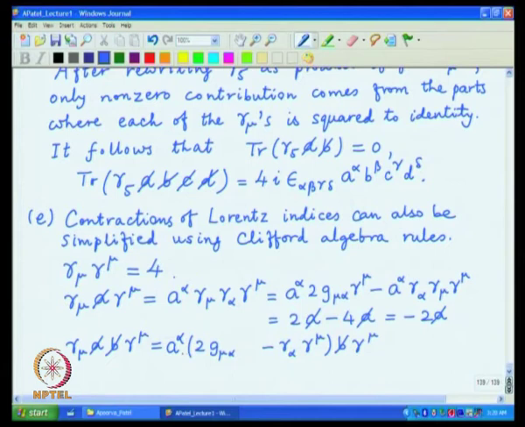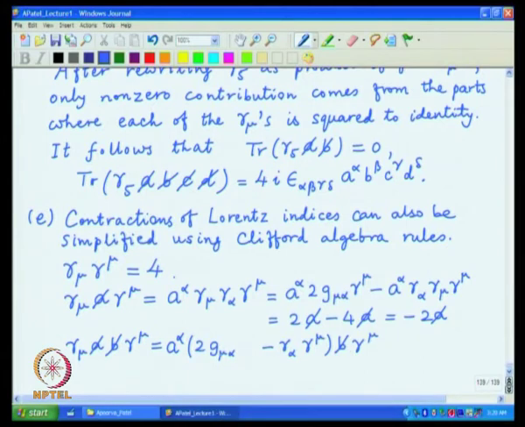The result is A alpha multiplied by 2 G mu alpha minus gamma alpha gamma mu, which is the Clifford algebra used on this product gamma mu A slash, and then the B slash gamma mu remains as it is.